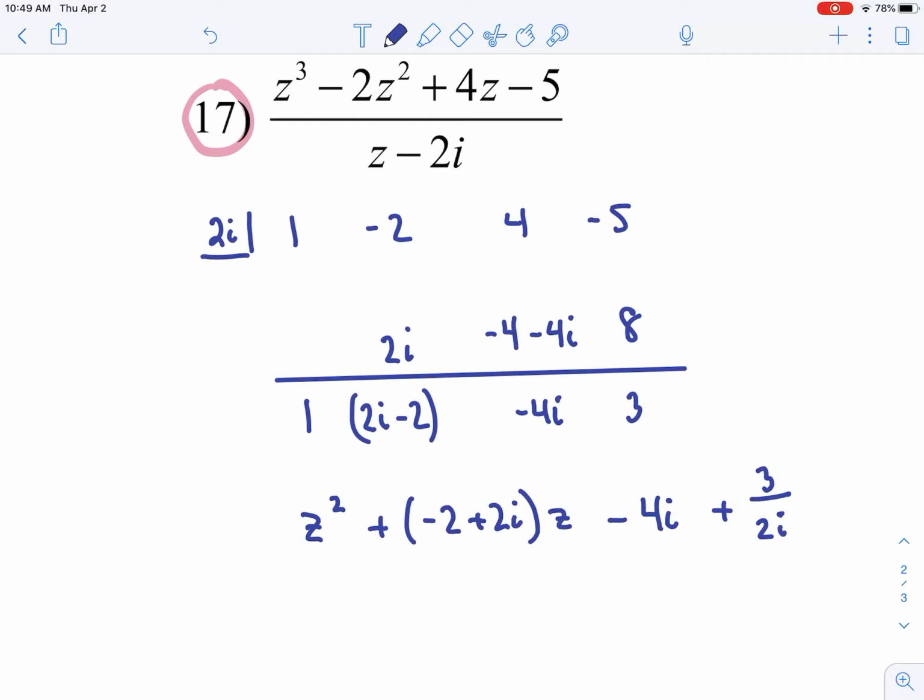Let me double check I got that right. Wait. Nope. Right down here, z minus 2i. There we go.